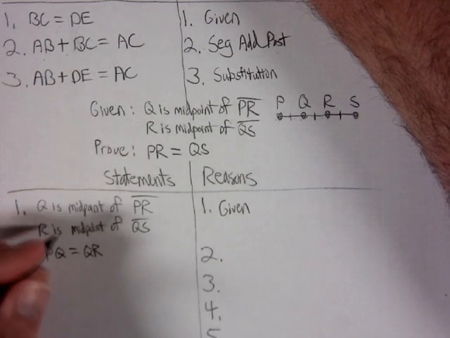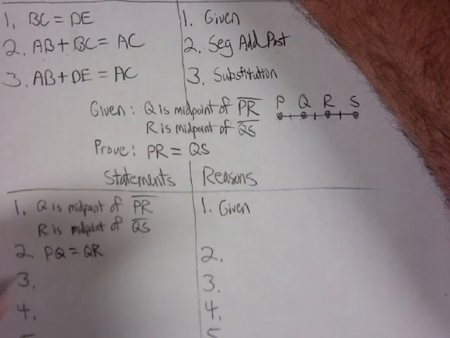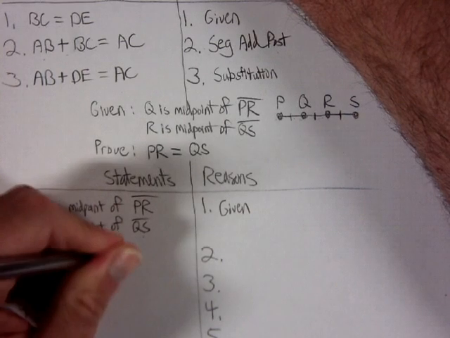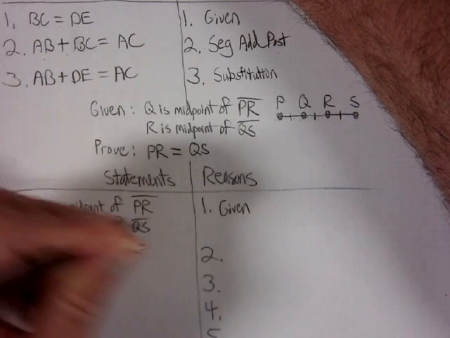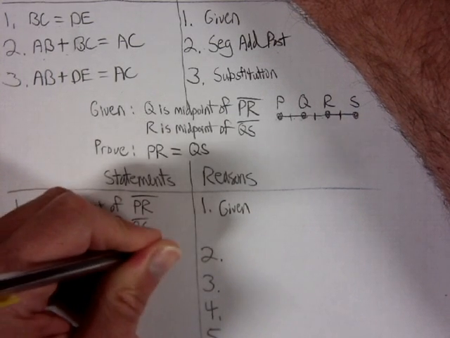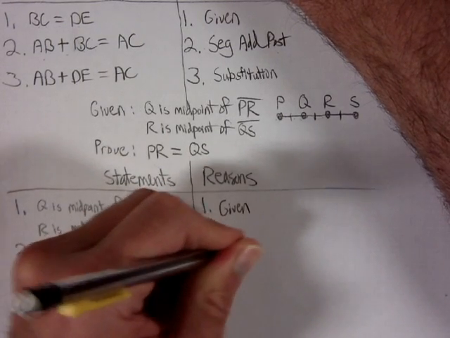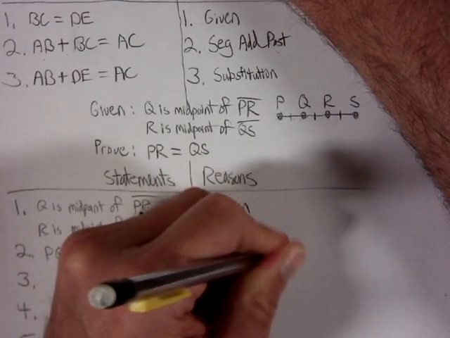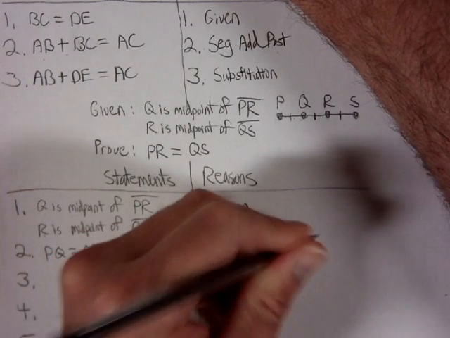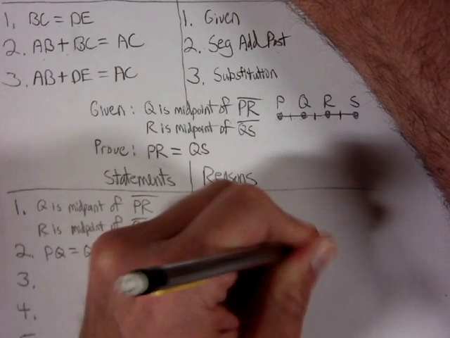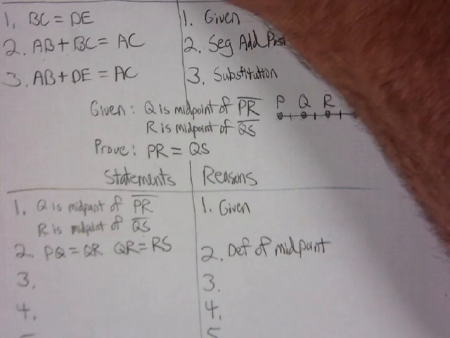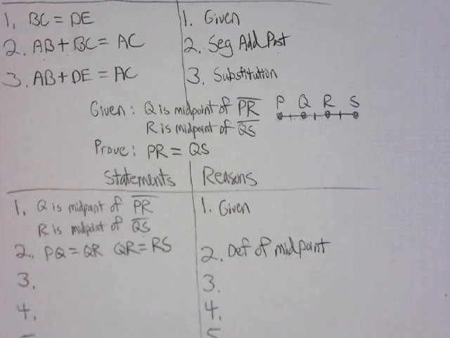And likewise, if R is the midpoint of QS, then we know that QR is going to be equal to RS. And that's by the definition of midpoint. So we can get that out of the given information.